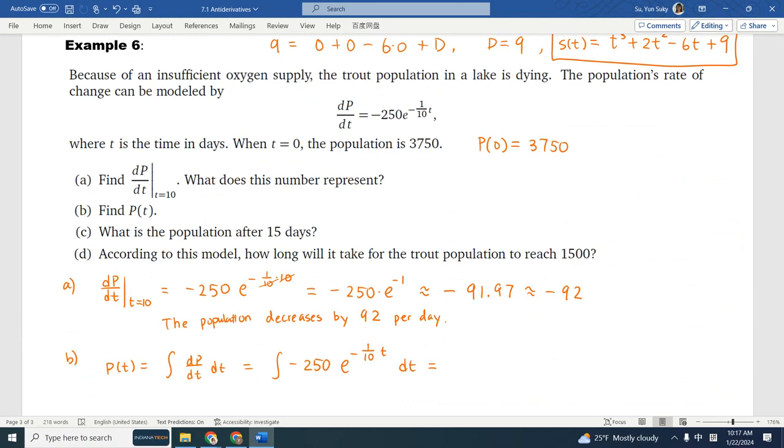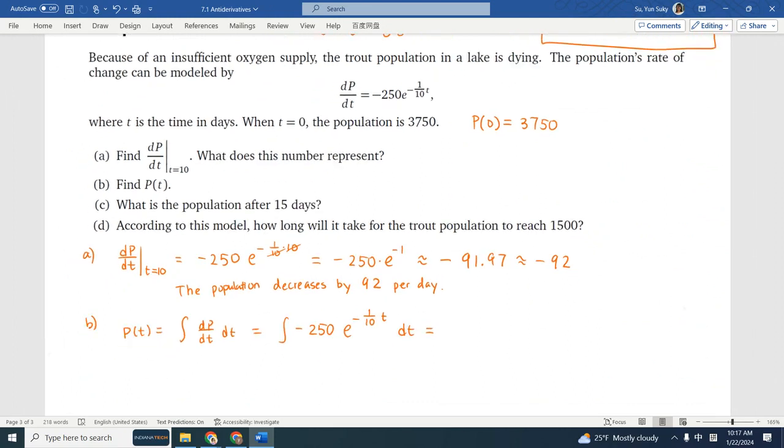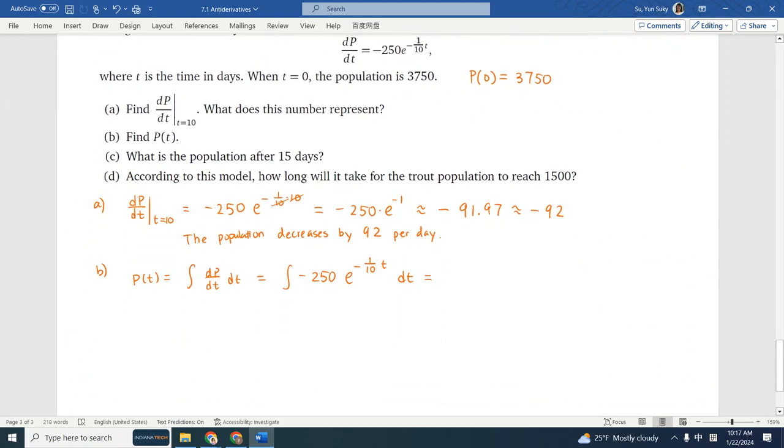So we want to integrate that. All right, so it's an exponential function. What is the rule for exponential functions? What is the integral of e to the ax? Be familiar with the formula. What's the integral of e to the ax?